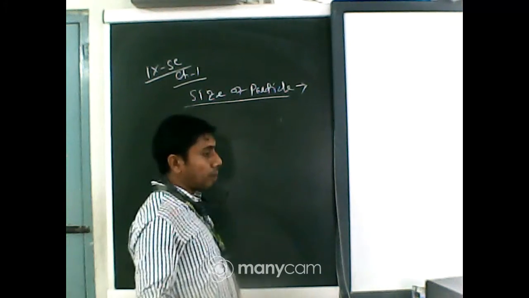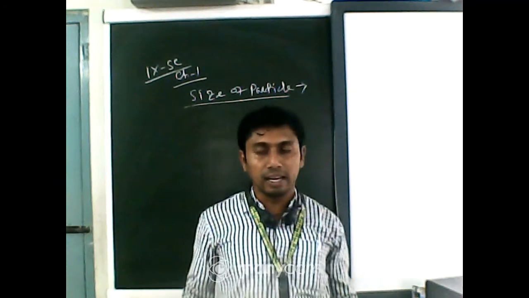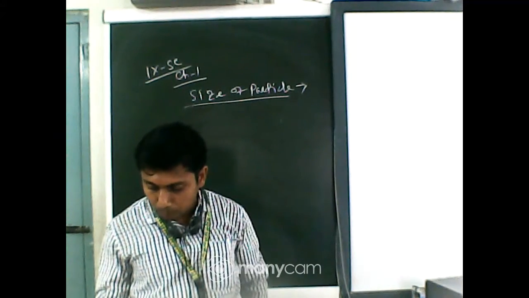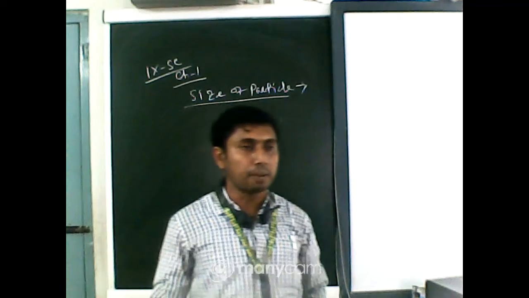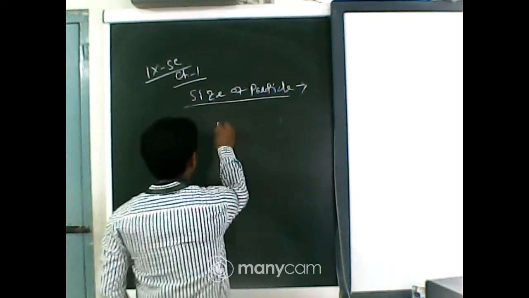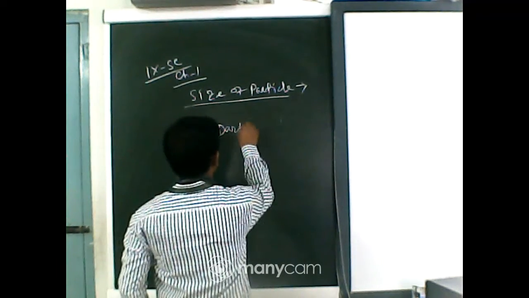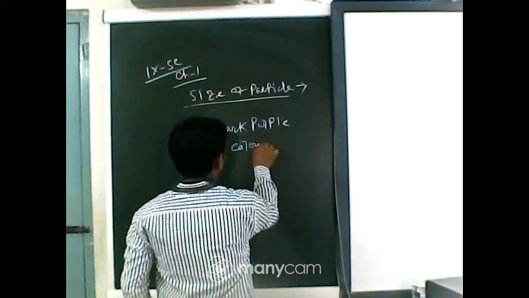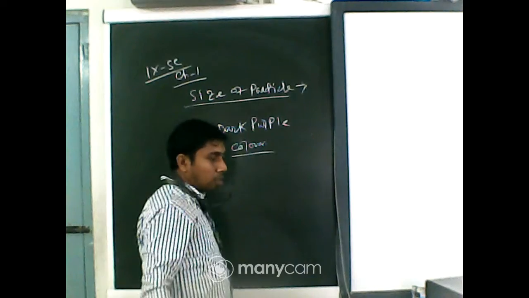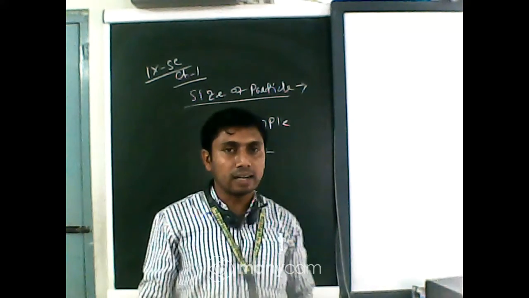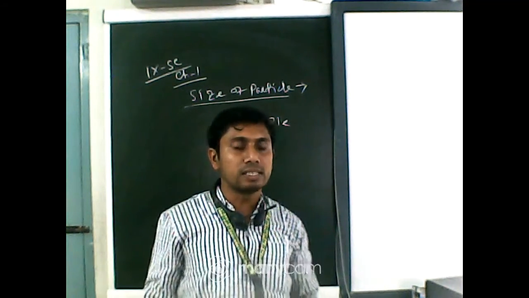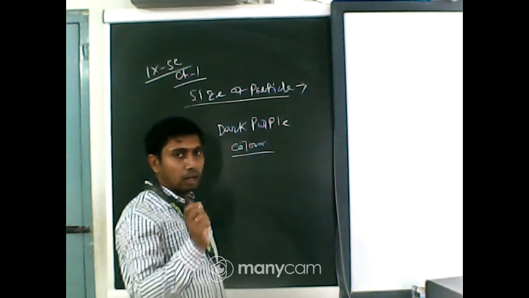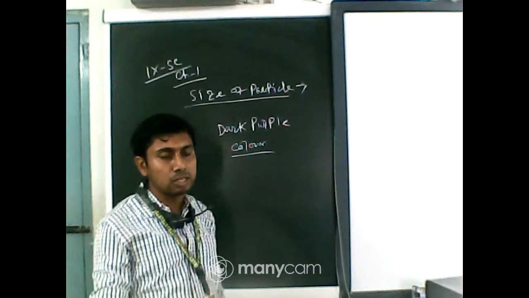So the size of the particle is very tiny. Here you can see the example given. Suppose 2 or 3 crystals of potassium permanganate. Potassium permanganate is a dark purple color. You can see on the internet that it is a very small crystal or very small particle.